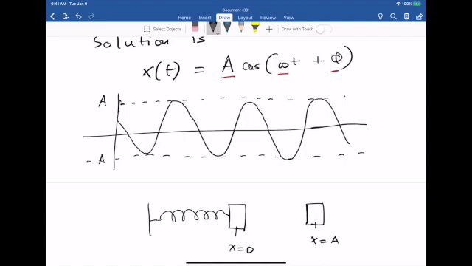So what the solution is telling us here is that the mass will oscillate between x equals plus a and x equals minus a. It will just keep on oscillating, and that's exactly what we expect it to do on physical grounds. So x will just oscillate between plus a and minus a, and a is called the amplitude of the simple harmonic motion.